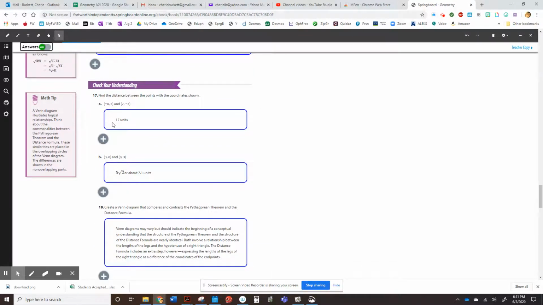It came out to be a nice number, must be a Pythagorean triple. And then 17B did not come out to be a Pythagorean triple, so we had to get either a reduced value or a rounded value. Okay, so be sure you are able to do that, because I can tell you that questions on the Pythagorean theorem are on your final, absolutely on your final.